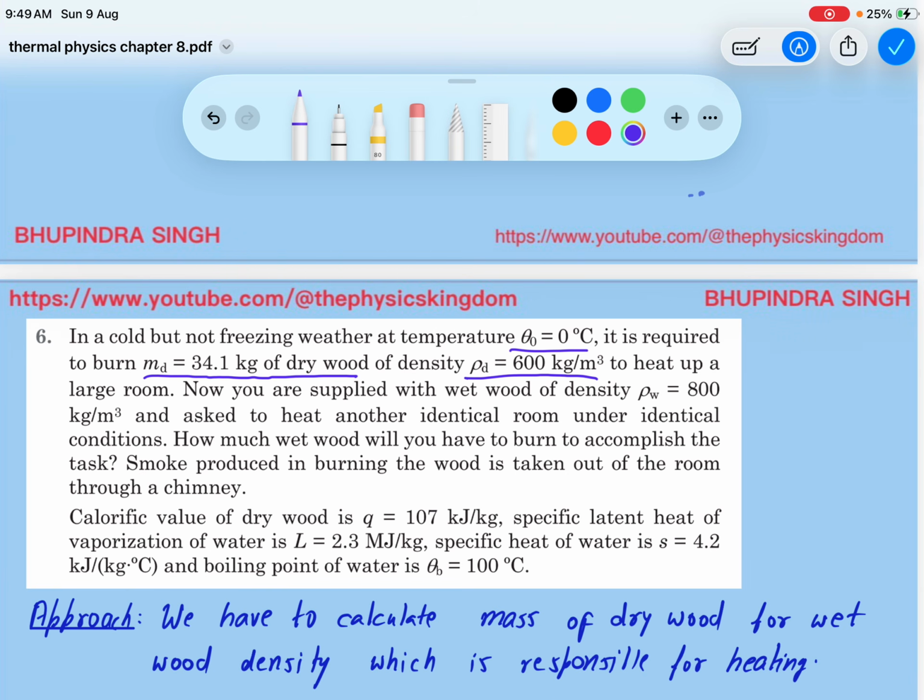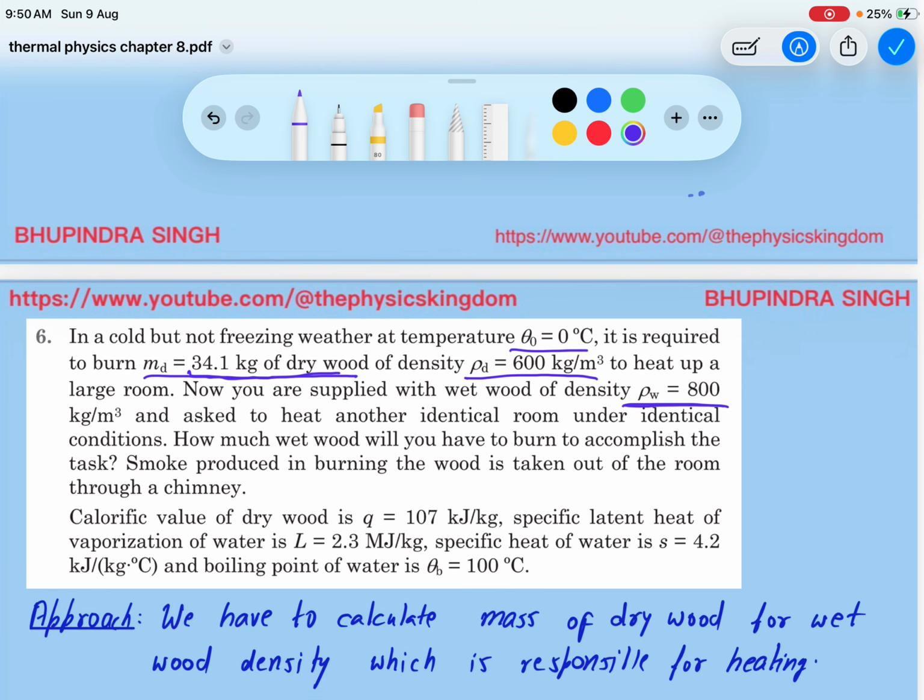So to heat up, 34.1 kg of dry wood is required. Now you are simply supplied with wet wood, which has density 800, and asked to heat another identical room under identical conditions. How much wet wood will you have to burn to accomplish this task?